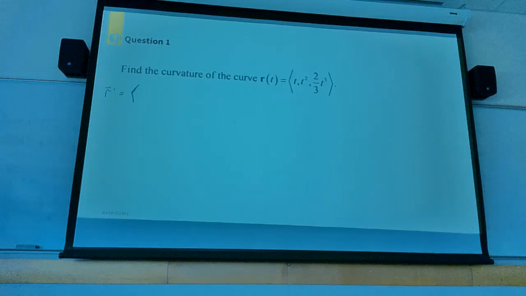We're going to need r prime and r double prime.